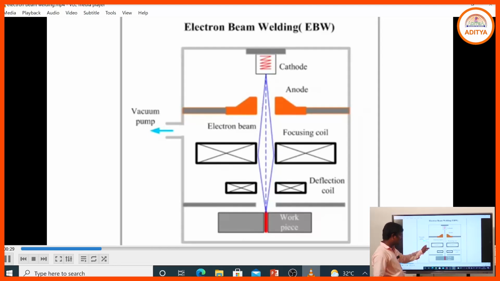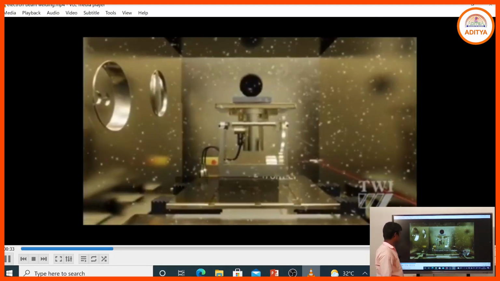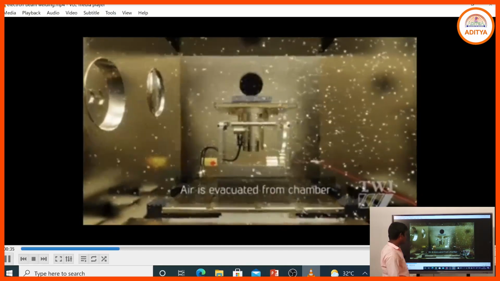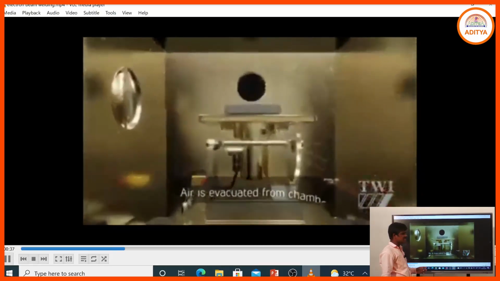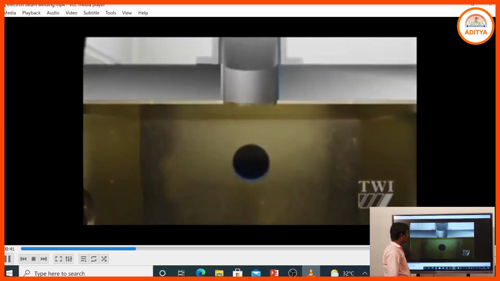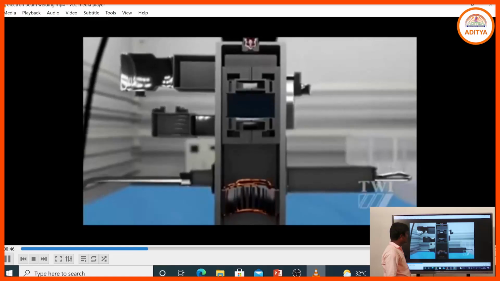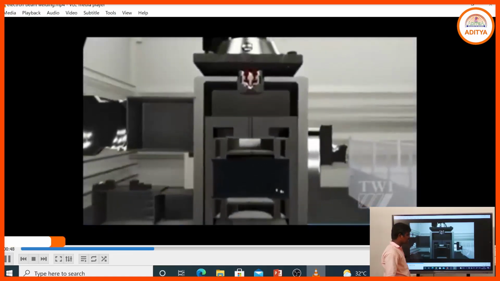The focusing coil helps to focus the electron beam on the particular workpiece, and air is evacuated from the chamber, meaning we are removing the air particles from the evacuated chamber. That is the setup of electron beam welding.